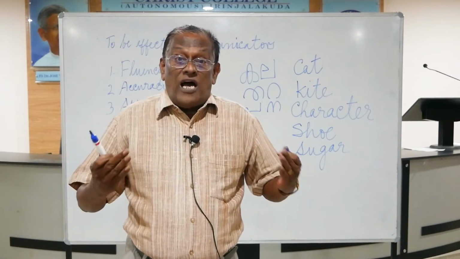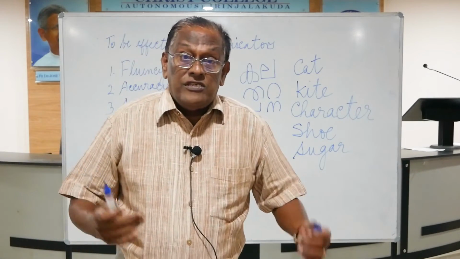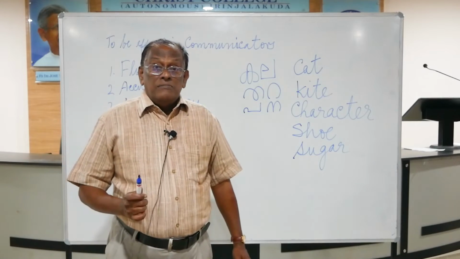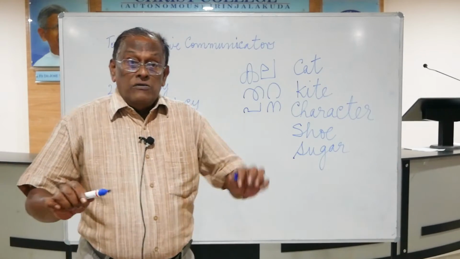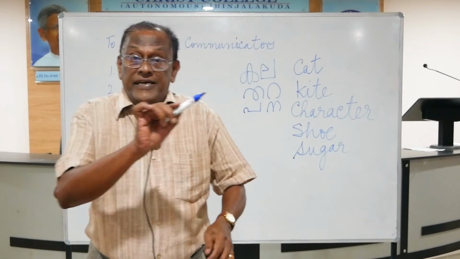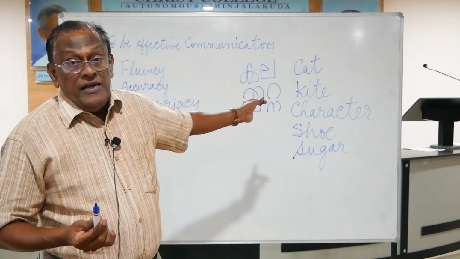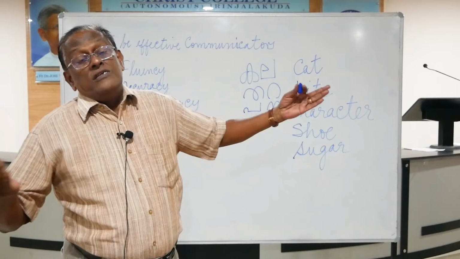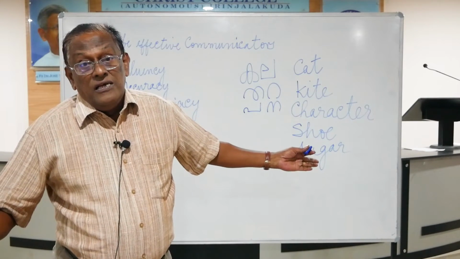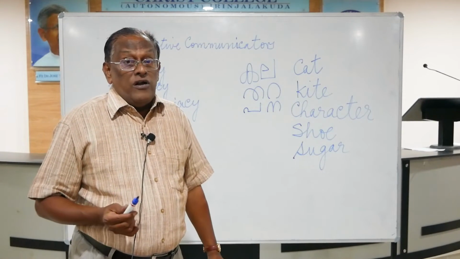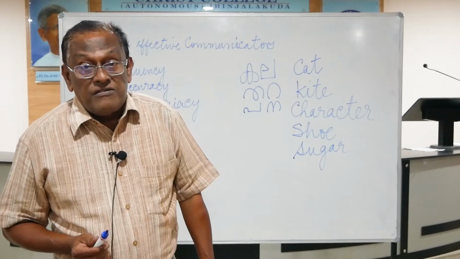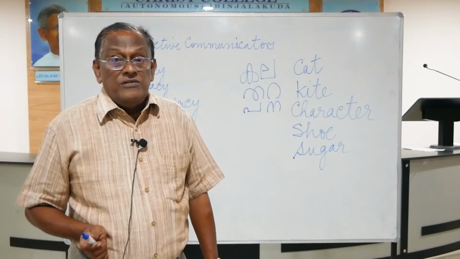What to do with this unphonetic nature of the language? That's the problem. Malayalam, no problem. We write the alphabet and we read it like that. But in English, we write the alphabet and the sounds differ in different words. And that is why English is called an unphonetic language.